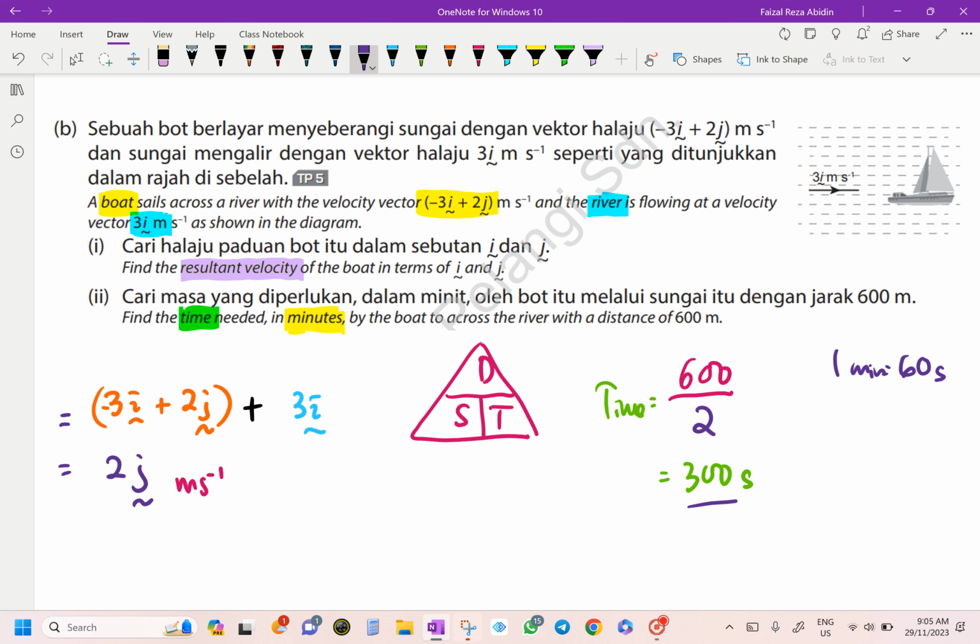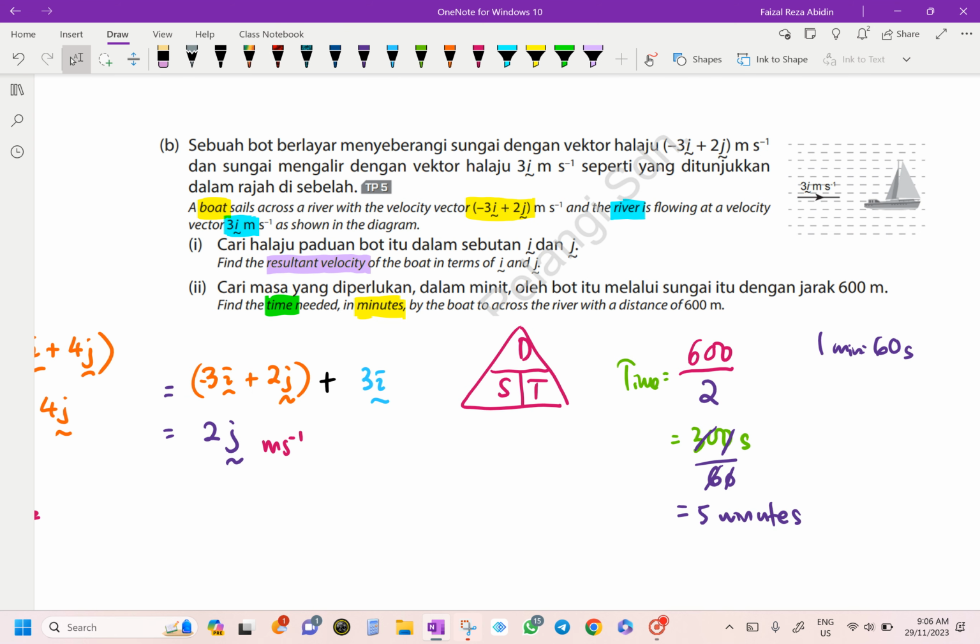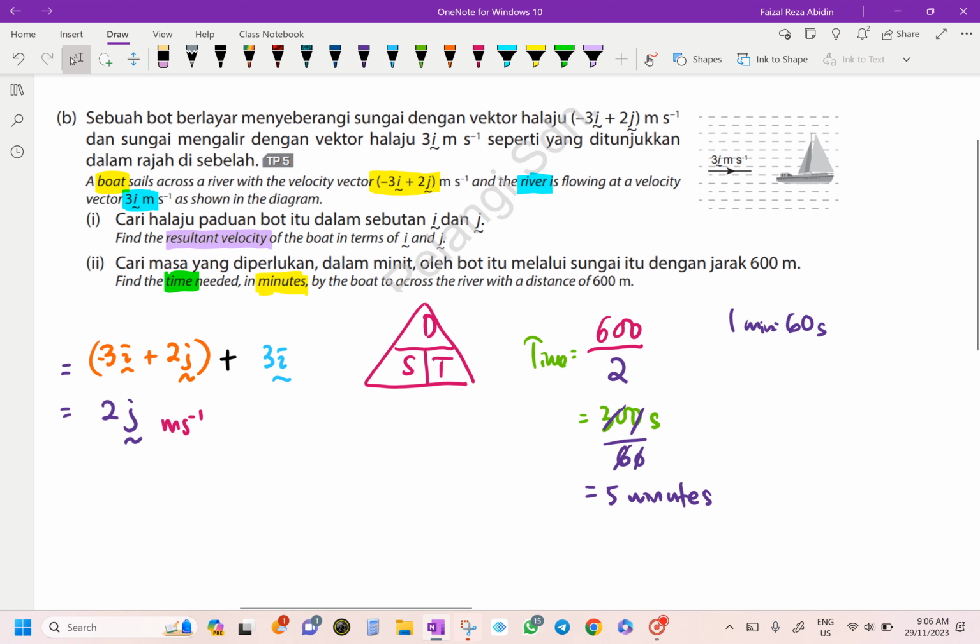So to find our answer in minutes, we divide. 300 divided by 60, you're going to get 5. Sorry, 5 minutes. Yes, 1 minute is 60 seconds, so 5 minutes equals 300 seconds. Okay? Can, class? I got the formula wrong earlier. It's just DST.